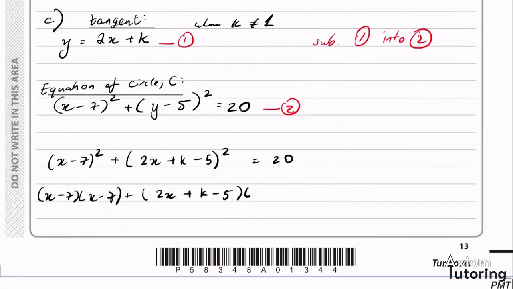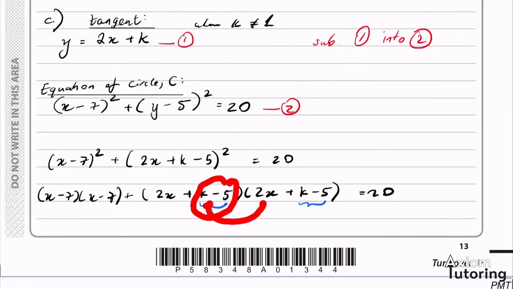So (2x plus k minus 5) times (2x plus k minus 5). And something that might help you multiply out the terms is if you consider k minus 5 as one whole term. So that's your whole constant term, and you're using that to multiply through the rest of the terms in the second bracket.